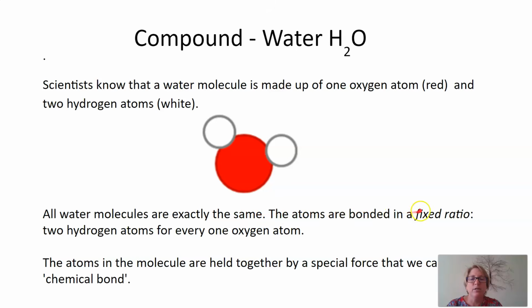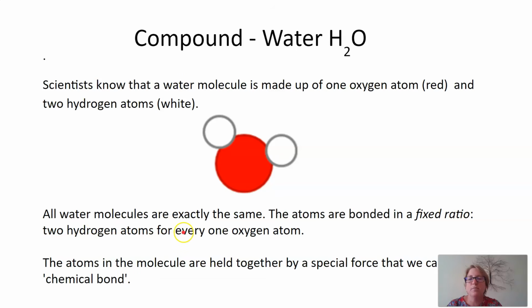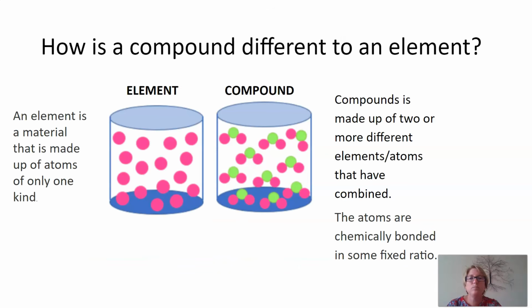The atoms are bonded in a fixed ratio of 2 hydrogen atoms for every 1 oxygen atom. And then the atoms in a molecule are held together by a special force that we call a chemical bond. And we'll look at that in some of our future lessons.